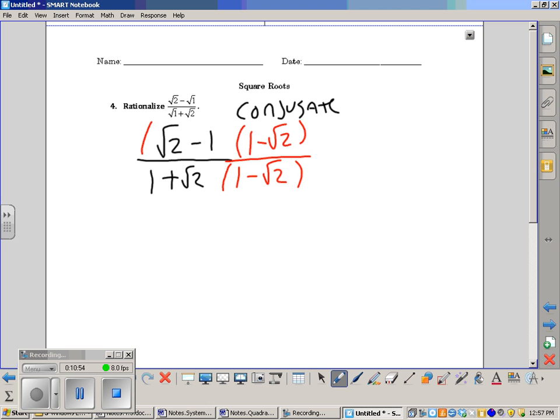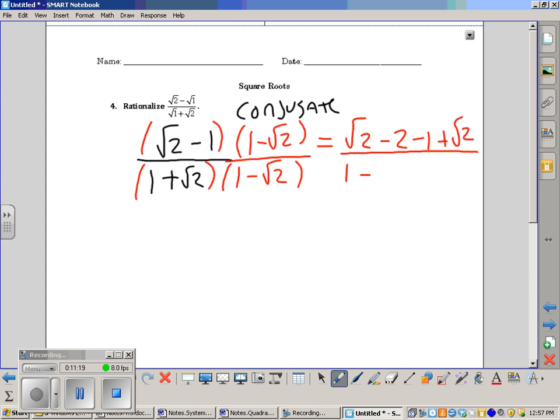Okay? Now, we're multiplying by 1 minus root 2 on the top and the bottom. If you do the same thing at the top and the bottom, nothing's changed. So let's FOIL here. Root 2 times 1, and then minus 2, minus 1, plus root 2, over.